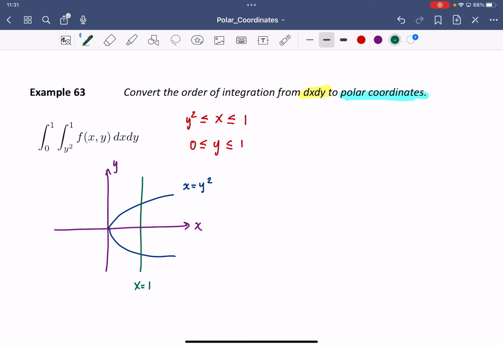So the intersection here is gonna be (1, 1). So basically the thing that you want is the one that I highlight in orange. Agree? You can see that the dx dy is cut this way, and the parabola is on the left, x equal to 1 is on the right. That means you have the cut here, and y from 0 to 1. So this skill we already learned last week, and now you switch to polar coordinates.